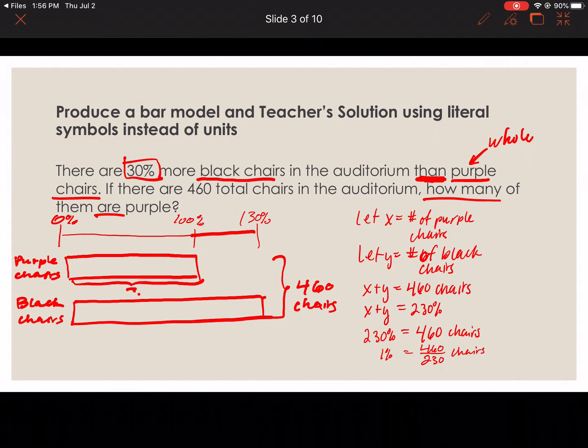And then I'm going to build back up to 100% by multiplying this by 100. Which means that this is equal to 200 chairs, purple chairs.